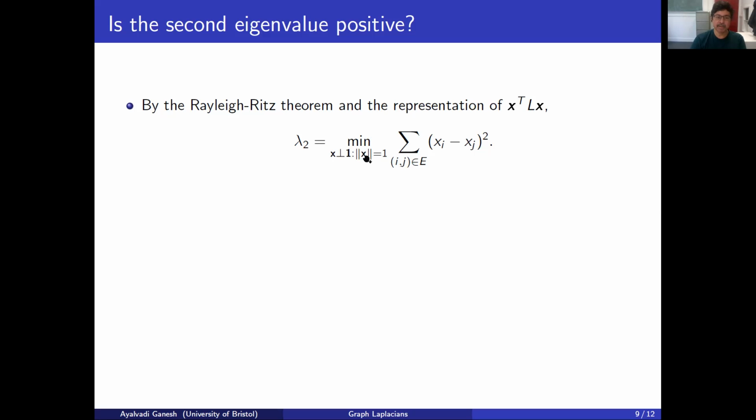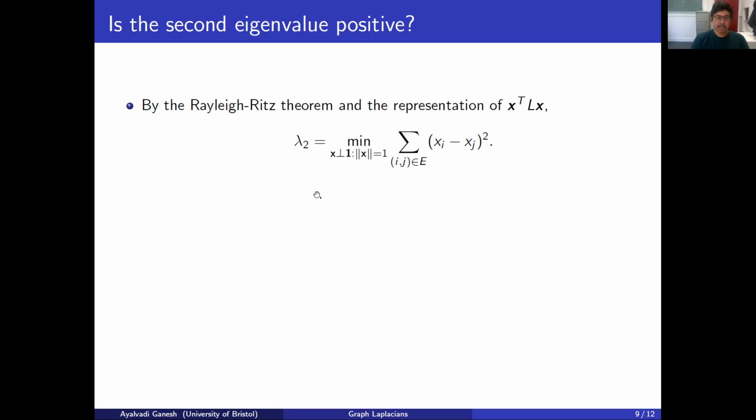But we saw that by restricting to length 1 vectors, we can drop the denominator. So we want to minimize x transpose Lx over all length 1 vectors orthogonal to the all one vector. And we saw already that x transpose Lx can be represented in this way as the sum of squared differences along edges.